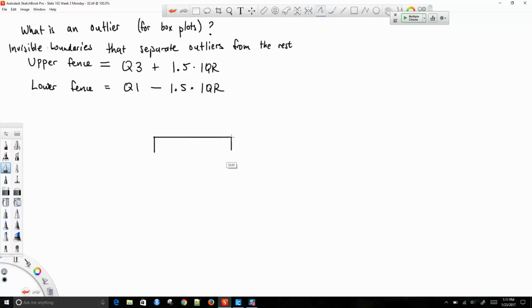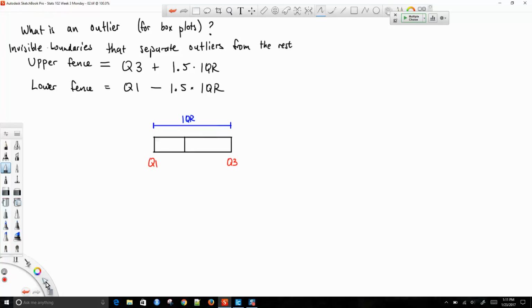So here's a rectangle. Okay, so this distance here, from here to here, this is my IQR. And we've already established that this is Q1 and this is Q3.